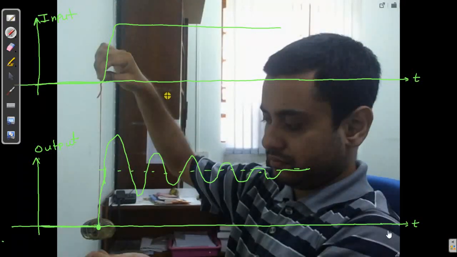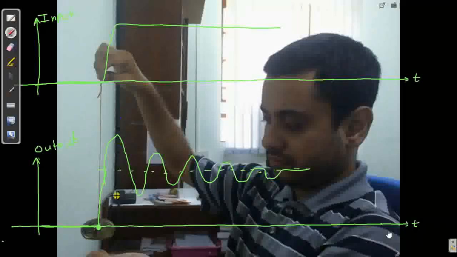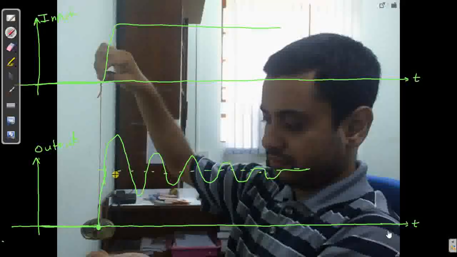This is an example of a mechanical system with one input and one output. So these simple examples should give you some idea about what we mean by a system. When you master all these simple systems, then you can analyze complex systems like aircraft, missiles, etc.